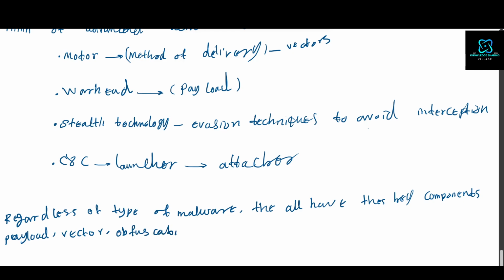At the end of this section, we'll talk about some common obfuscation techniques. And they also have command and control, which is the attacker itself. The command and control mechanism.